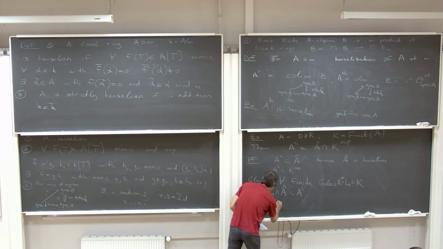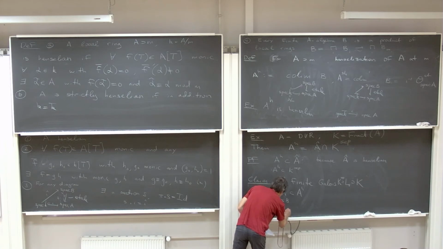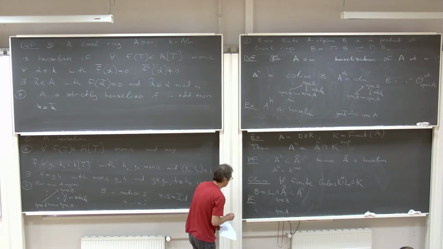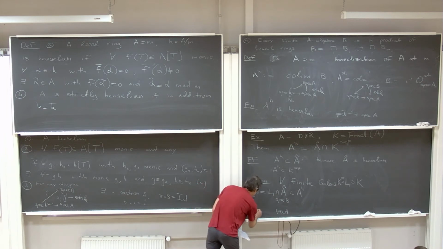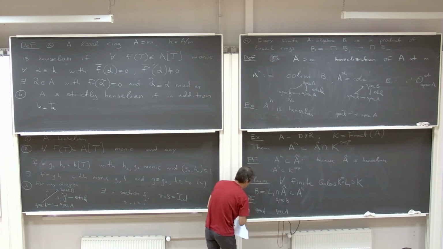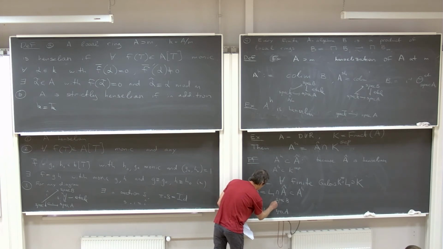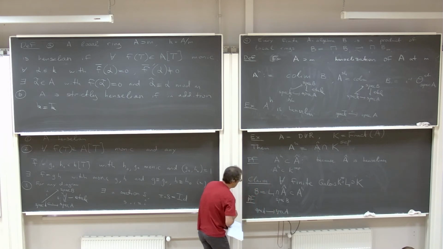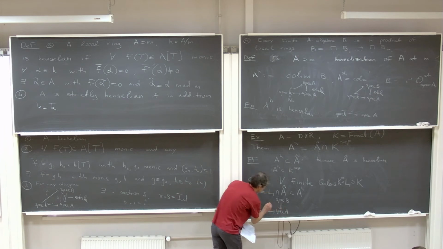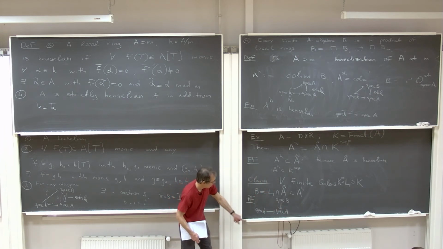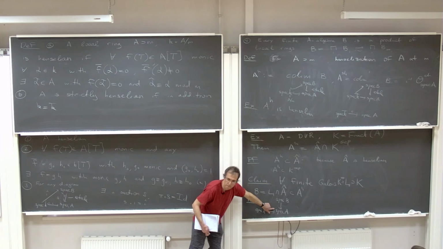Let's consider the diagram: spec B, spec A, and here I have spec K. I claim that this map is étale. Let's check that this is étale.